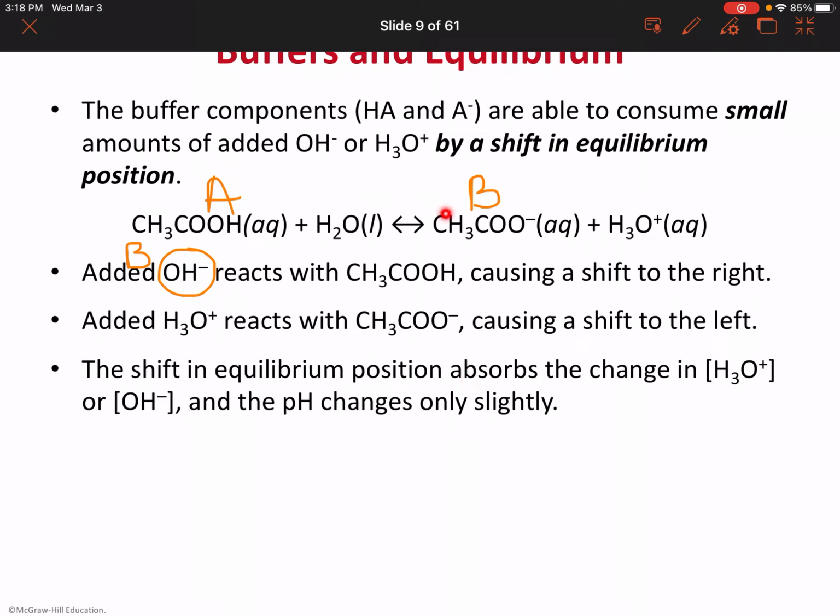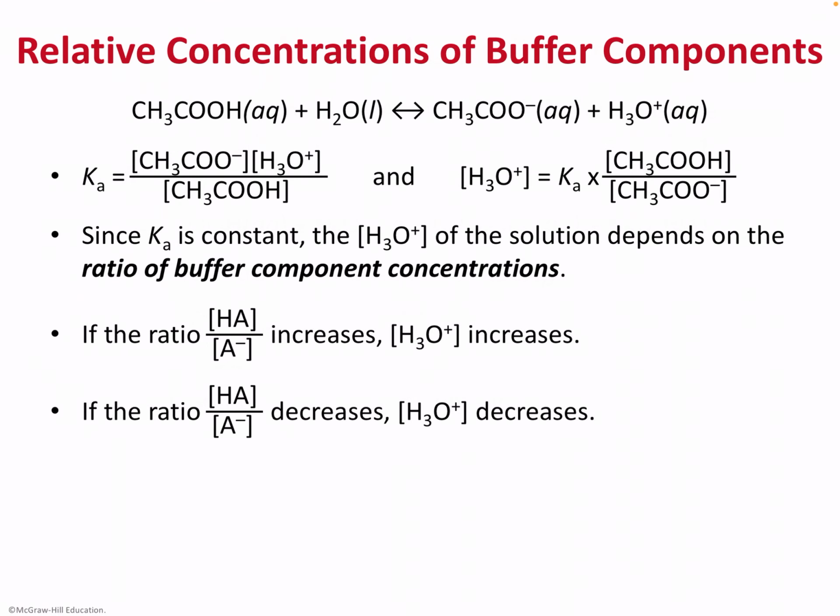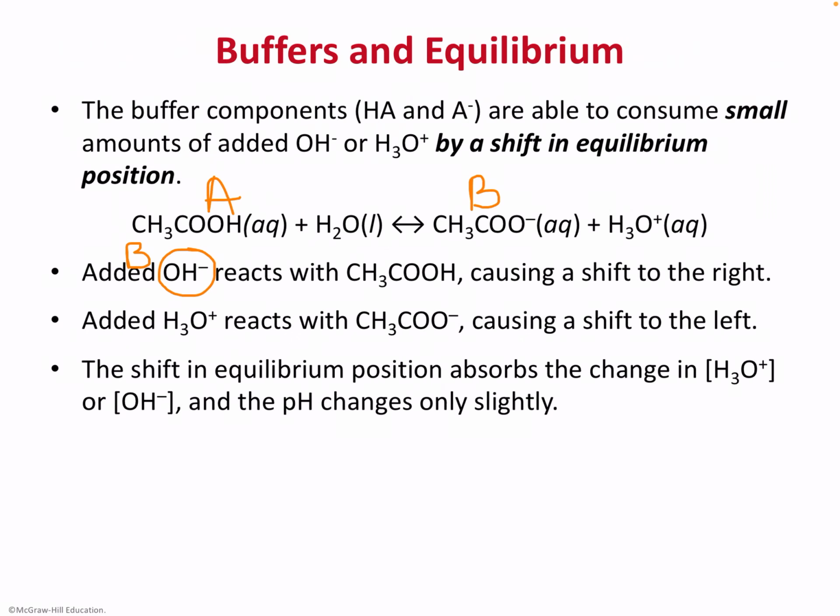But if you have a conjugate acid-base system, this is how the buffer works. Okay, and then it shifts the equilibrium accordingly to adjust, either moving forward or going in the reverse direction.